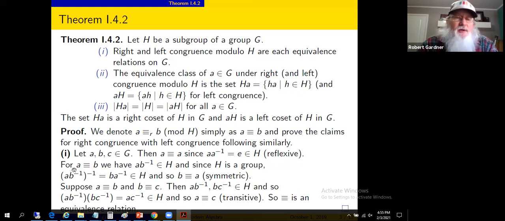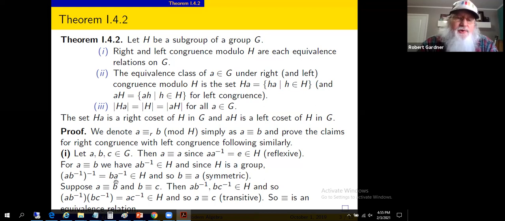Symmetric: if a is right congruent to b, then ab inverse is in H, the very definition of right congruent. Since H is a group, the inverse of this element of H is again in H. That is, the inverse of ab inverse is in H. The usual way of taking the inverse of a product gives b times a inverse.